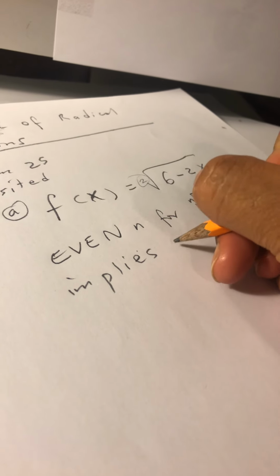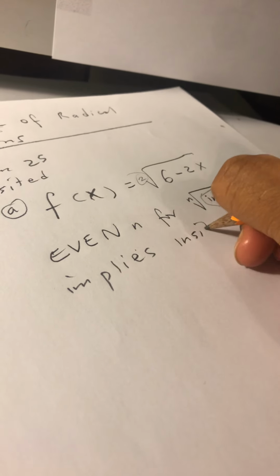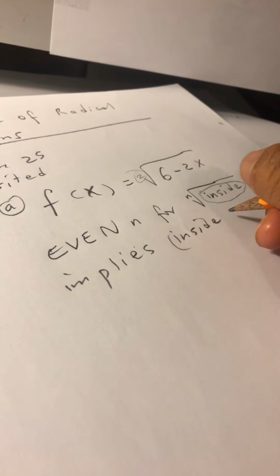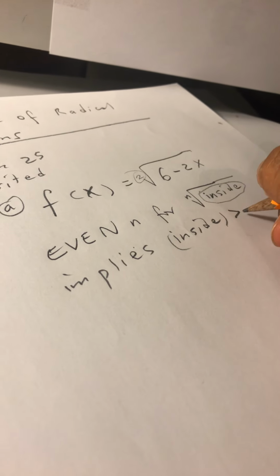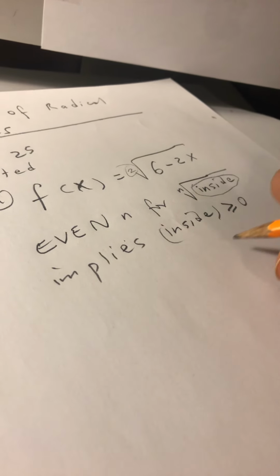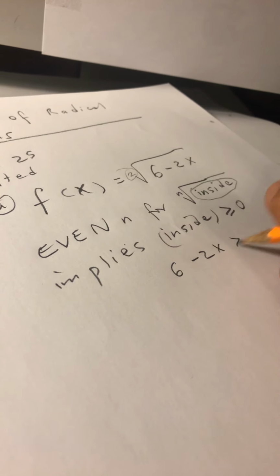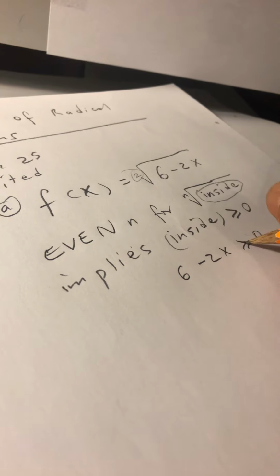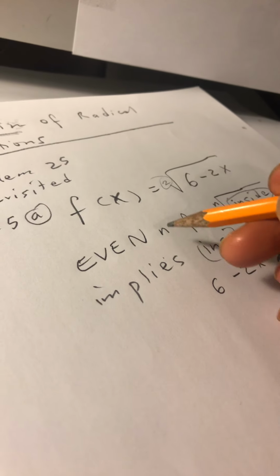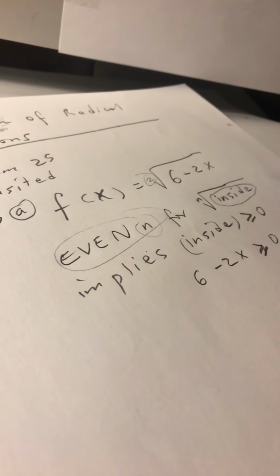It implies that whatever you have on the inside has to be greater than or equal to 0. So in this case, you have 6 minus 2x on the inside. It has to be greater than or equal to 0 because you're dealing with some even n.